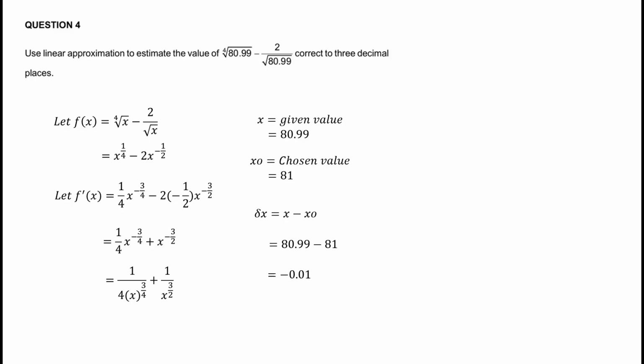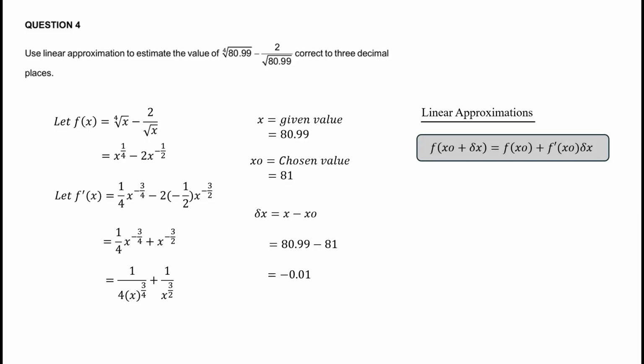And then we can use the linear approximation. So we can use this formula, which is f open bracket chosen value plus delta x close the bracket equal f open bracket chosen value close the bracket plus f prime open bracket chosen value close the bracket and delta x.